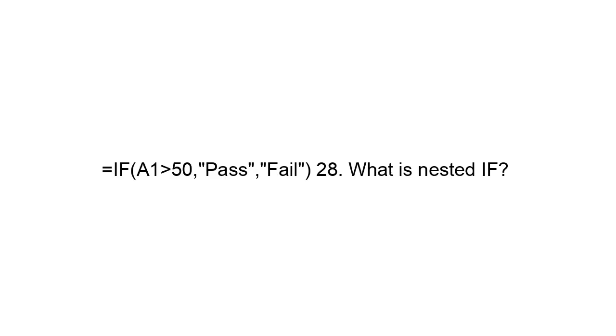It returns the smallest value. 25. What is the COUNT function? It counts numeric cells. 26. What is COUNTA? It counts non-empty cells. 27. What is the IF function? It performs a logical test. Example: =IF(A1>50,"Pass","Fail"). 28. Nested IF: multiple IF conditions together.